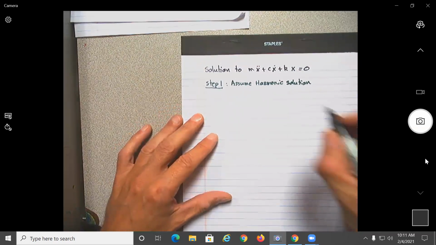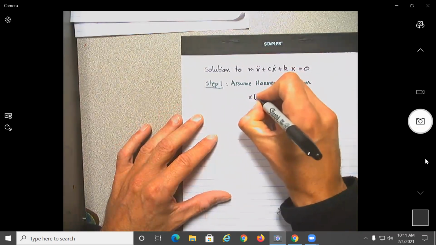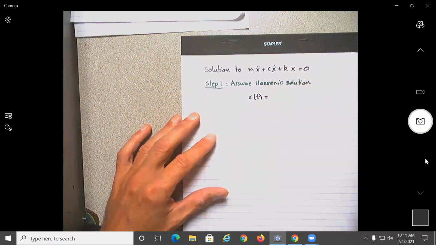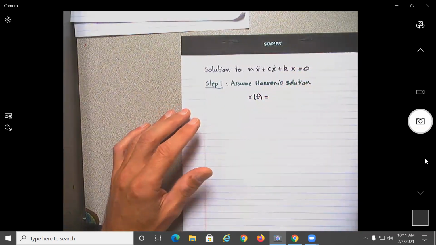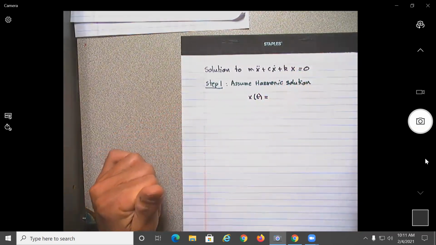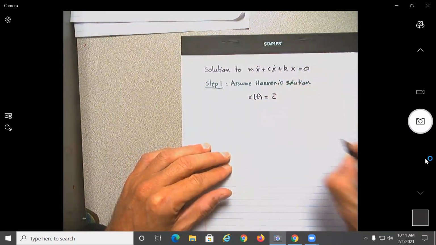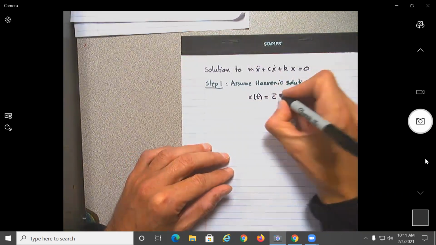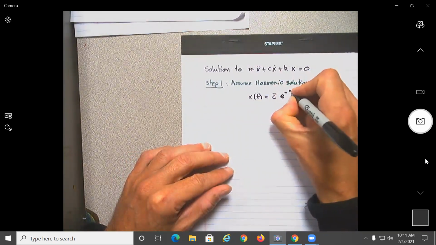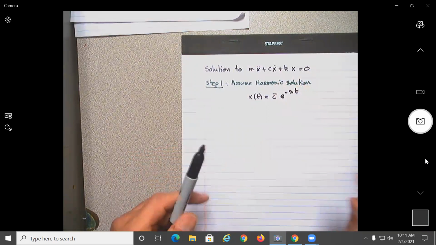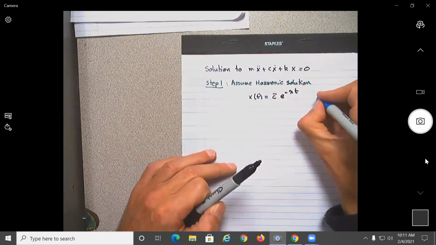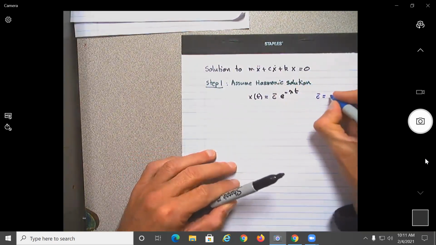Our harmonic solution is going to be x of t equal to C bar, not C, this is C bar, a constant, times exponential of minus lambda t. It is the same thing that we had before, okay? But here, C bar is just a constant.